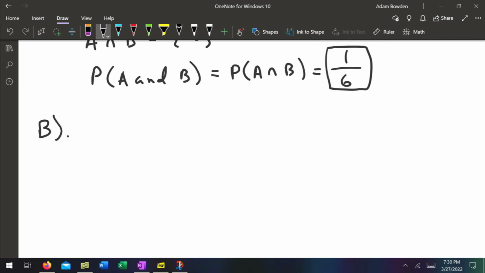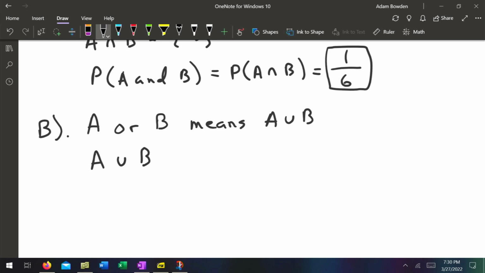On the other hand, for part B, it says A or B. A or B means the notation A union B. So in other words, A union B stands for the event of rolling an odd number or a number divisible by 3.